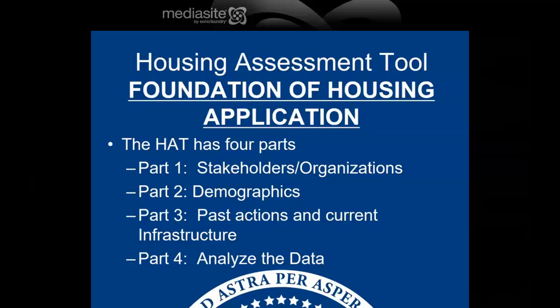The product we call a HAT. It's in 4 parts. Part 1 is the stakeholders and organization. Part 2 is demographics. Part 3 is past actions and current infrastructure. And then the final one is, of course, to analyze the data that you found in there.